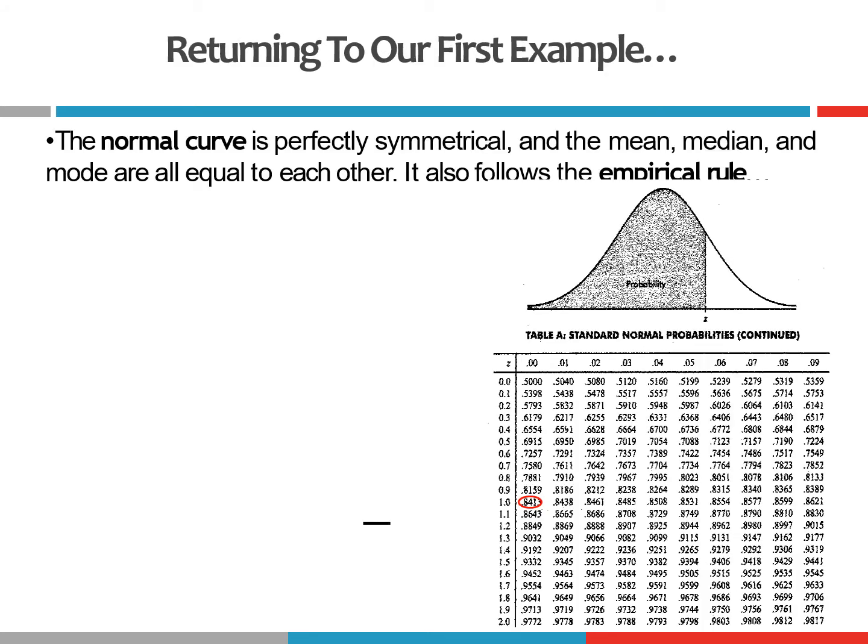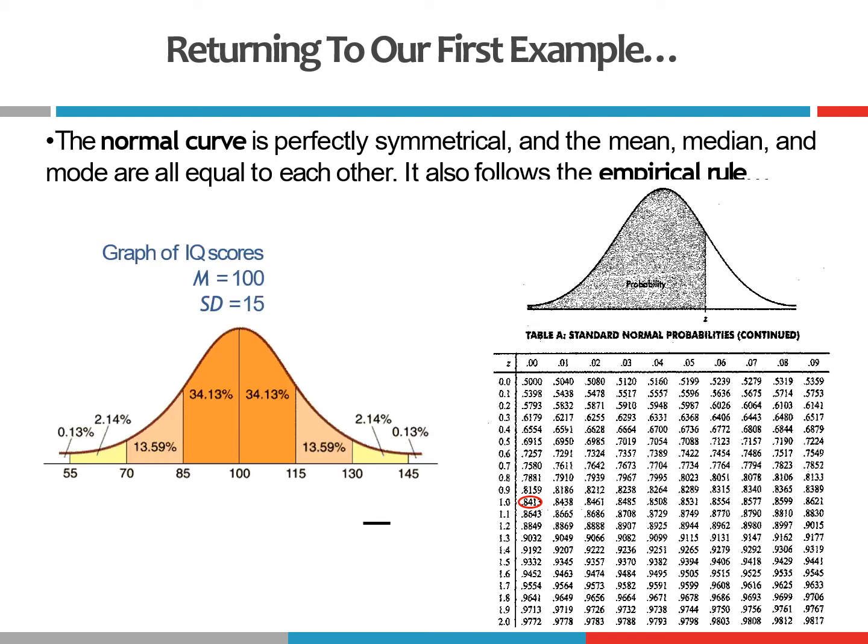Okay? And if we return to our first example, right? Our Z-score, if we're looking at an IQ score of 115, right? We would take our value of x, which is 115, subtract 100, divide it by the standard deviation, and that would give us a z-score of 1.00, right?